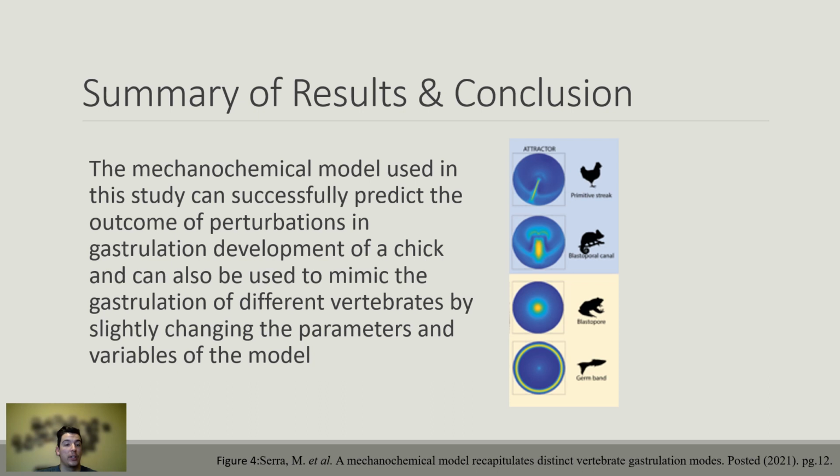Next, I'm going to talk about a summary of the results and the conclusion quickly, just to outline the main part of this study. The study that I looked at was called "A Mechanochemical Model Recapitulates Distinct Vertebrate Gastrulation Modes."